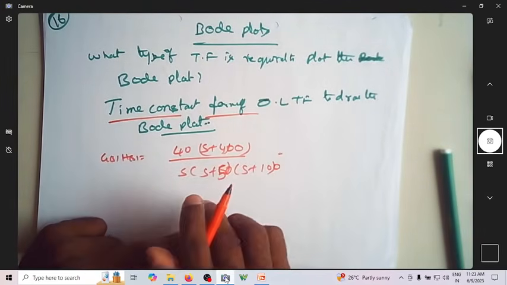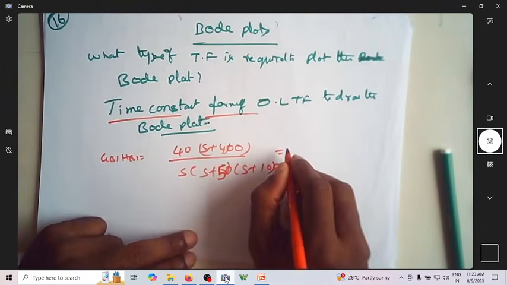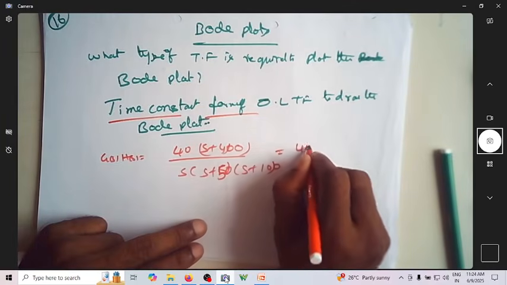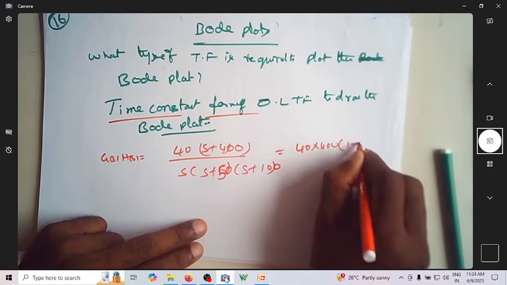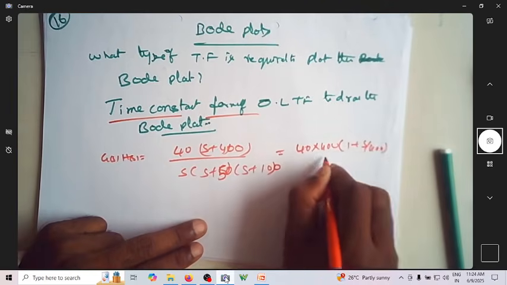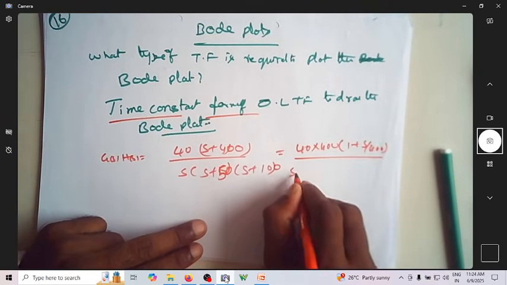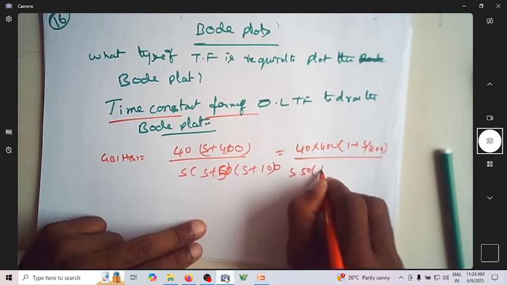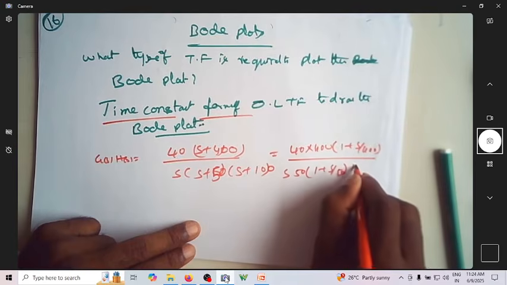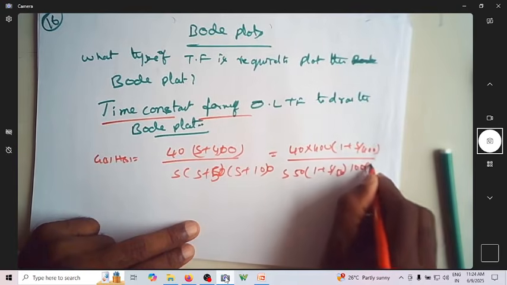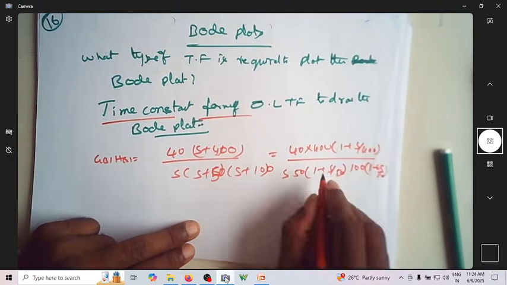This is in pole zero form. So what I have to do is take out 400 outside, so this becomes 1 plus s by 400. Then s into 50 outside, it is 1 plus s by 50. Take out 100 from this, 1 plus s by 100.